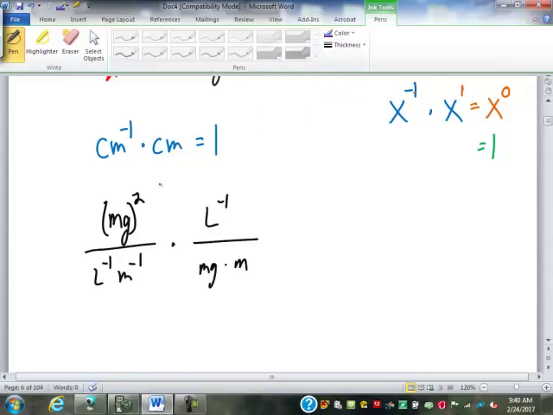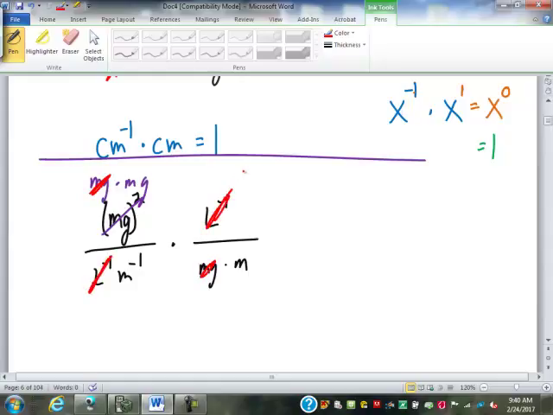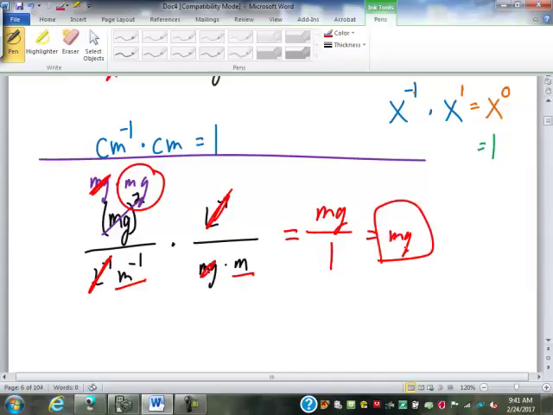So again, just like we did above, milligrams squared is milligrams times milligrams. I'm going to write that out, makes it a little bit easier. So I've got a milligrams here, they'll cross cancel with that milligram. I have this liter -1, which will cross cancel with that liter -1. On top here, all I have is milligrams. On bottom, I have meters to the -1 times meters. Well, that's just a 1. So it's milligrams over 1 or just milligrams.